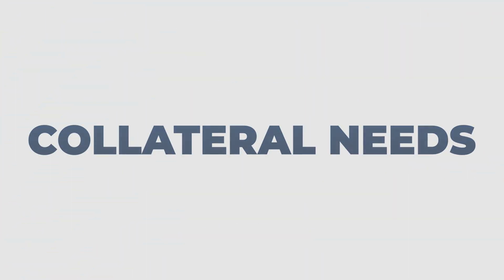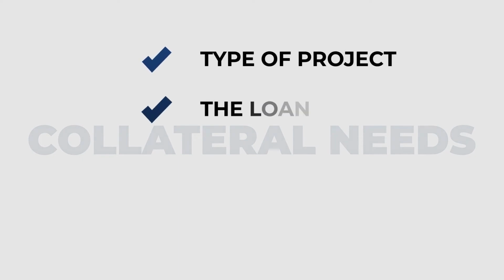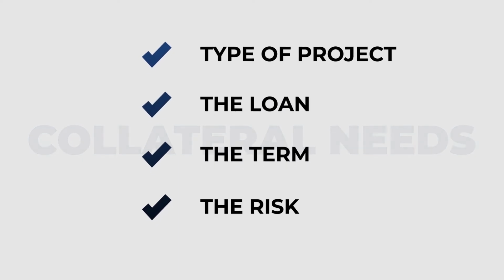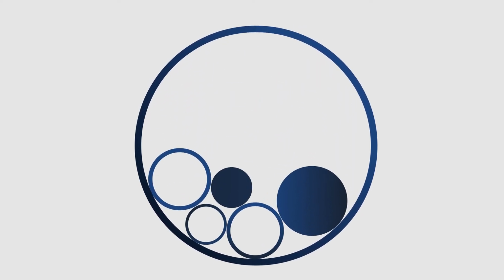Collateral needs are determined by the type of project, the loan itself, the term, and the risk CIG Capital is taking. Some of the accepted collateral types may include debt instruments, credit enhancements, future contracts, offtake agreements, bank guarantees, letters of credit, real estate CRE, and insurance, corporate, or sovereign guarantees.